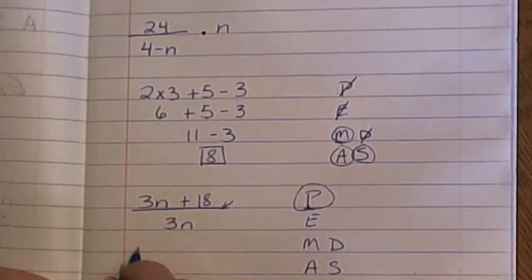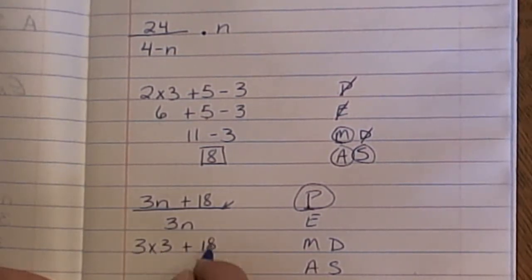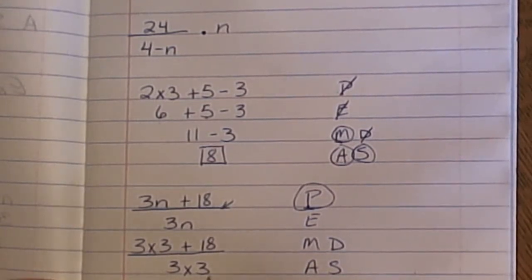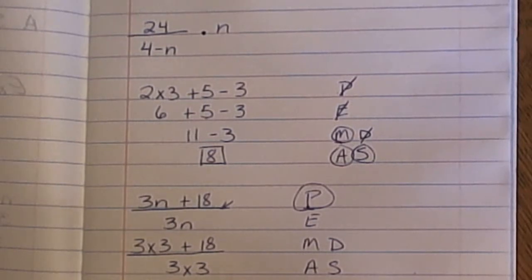So I need to do all of this as if it were in parentheses. First, I need to replace my n with 3. 3 times 3 plus 18 over 3 times 3. 9 plus 18 over 9. 9 plus 18, since this is a grouping symbol, I have to do this first.